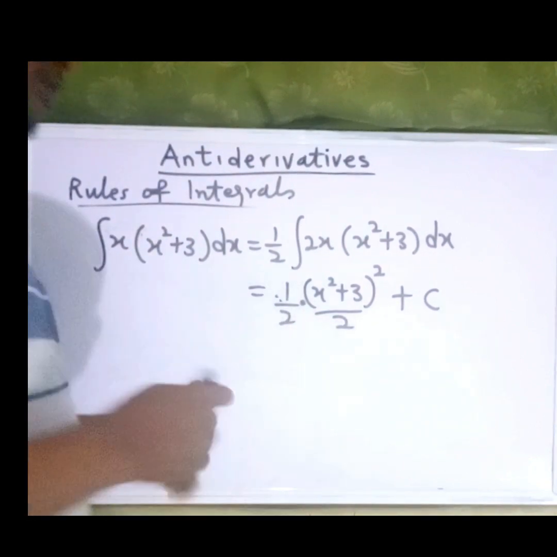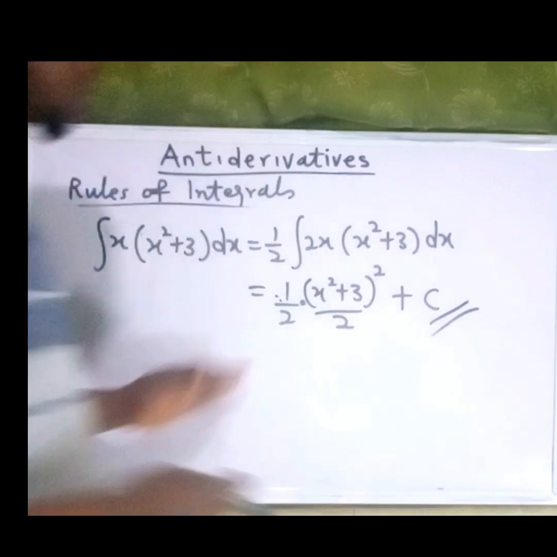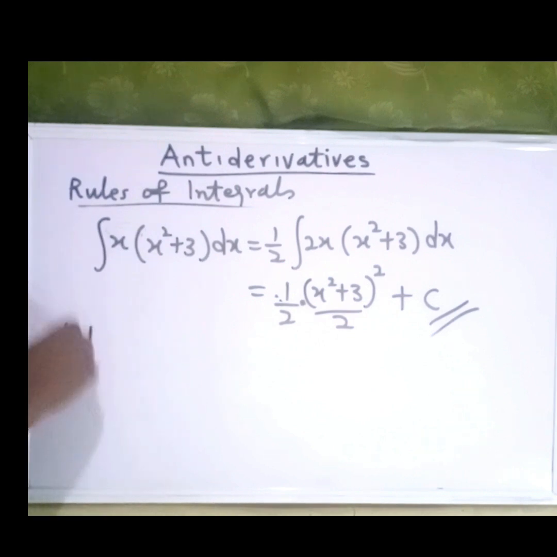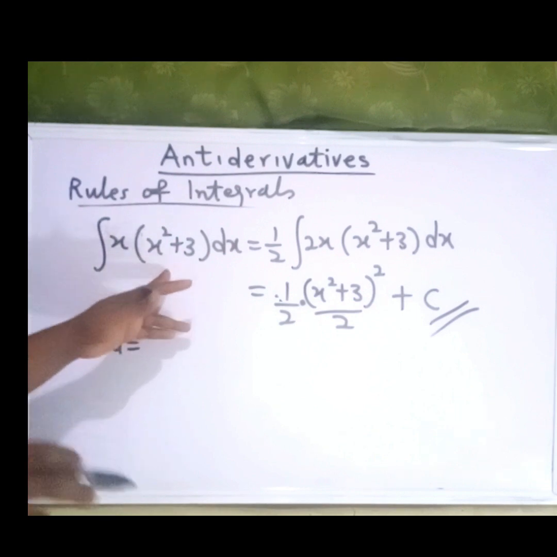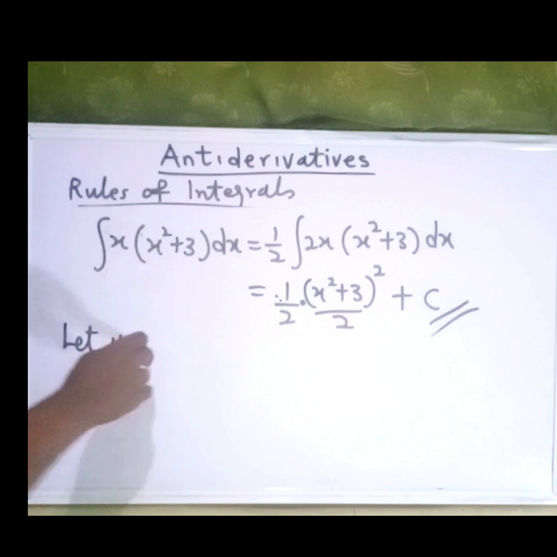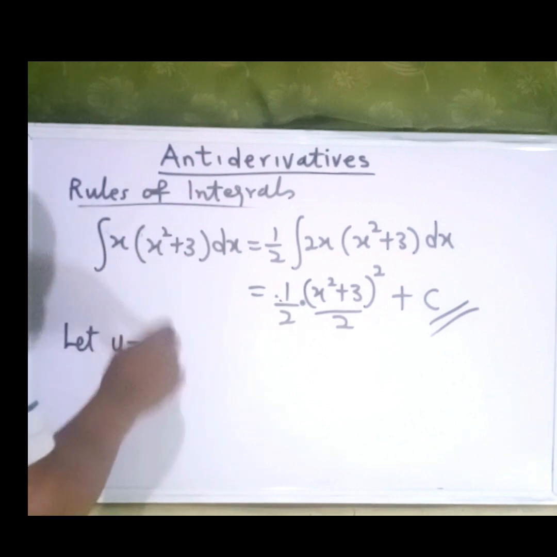This is the result. But let's see what we have substituted and then what we have done. We'll let u be the function in the integrand, and the function is x squared plus 3.